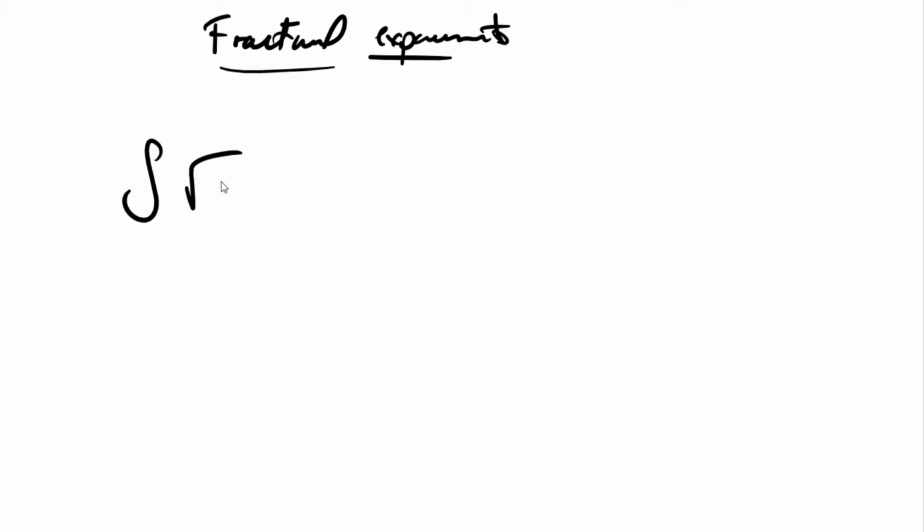So another thing that people tend to have trouble with is fractional exponents. So the idea here is that if you had something like an integral of the square root of x, that's not actually a formula you can do anything with, because the square root is a shorthand for an exponential expression. So root x really means x to the 1/2.